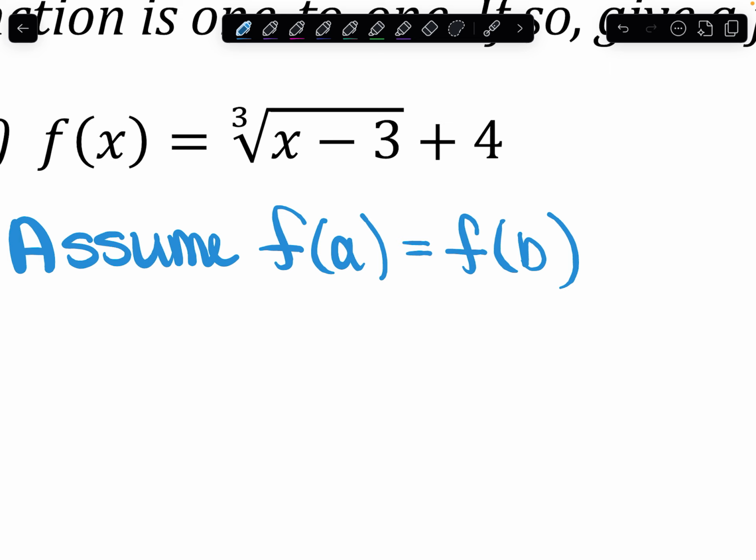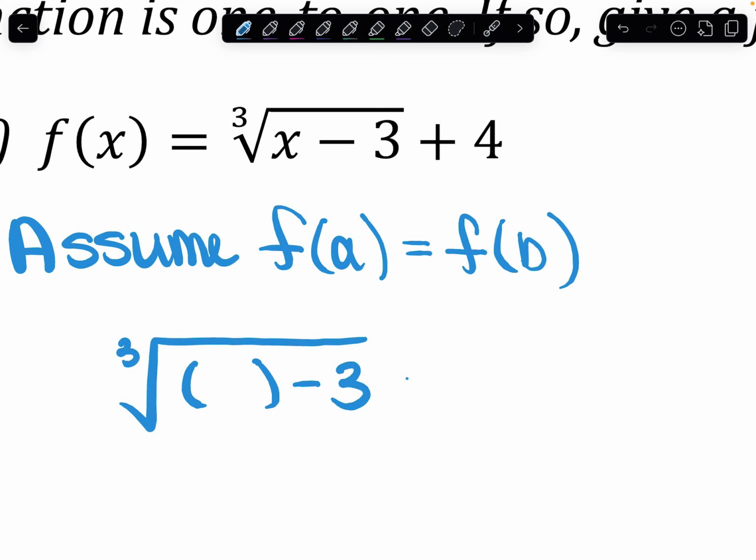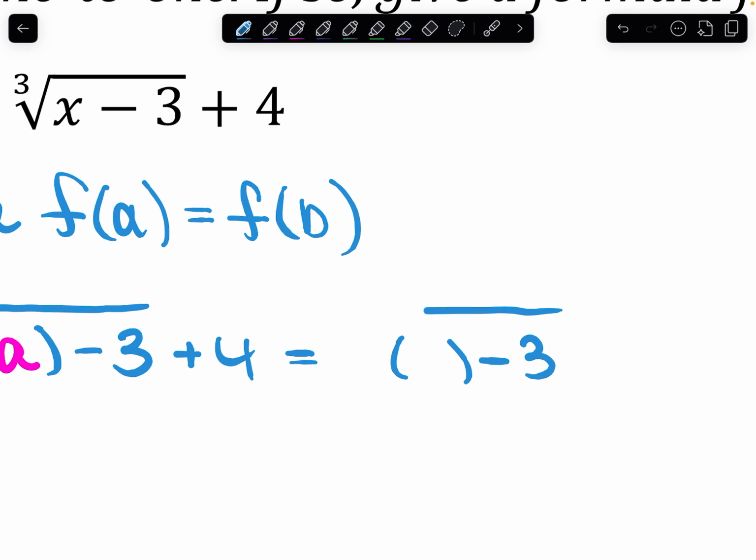So I'm going to copy my function. It is something minus 3, all under a cube root, plus 4, and we are plugging in a. So there's f of a, assuming it's equal to f of b. So then for the right side, we're going to do the exact same thing, but we are plugging in b for x. So something minus 3 under a cube root plus 4, and that something is b.